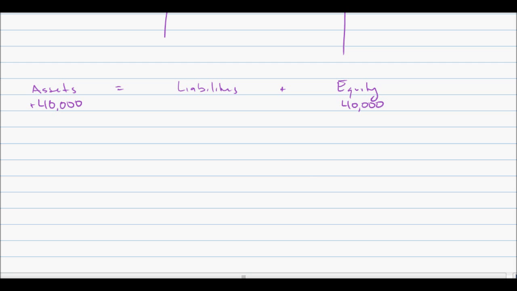Because there weren't really any transactions before this one, it was 0 equals 0 plus 0. And now we have 40,000 equals 0 plus 40,000. The equation still holds true.